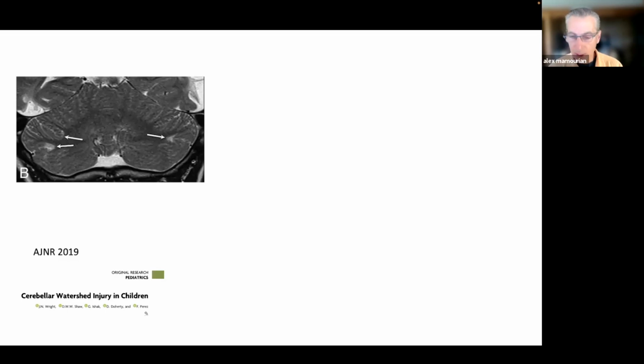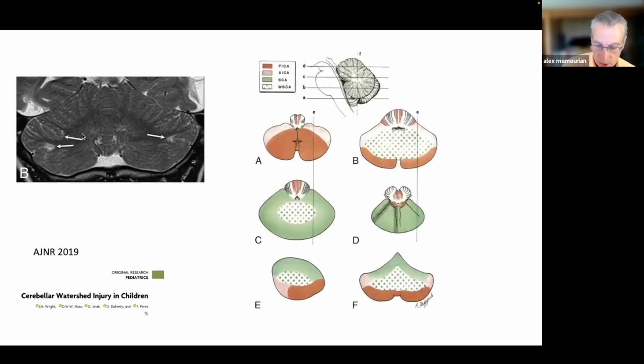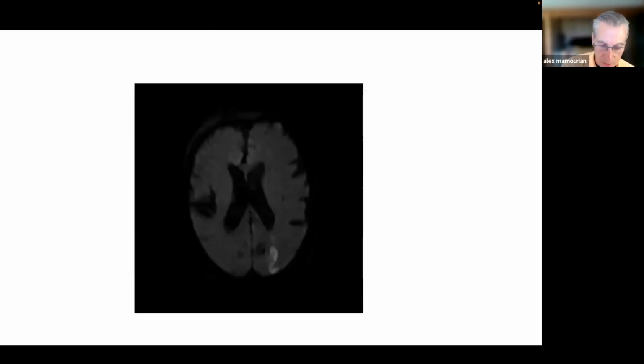They rapidly corrected the blood pressure, but presumably the blood vessels that were chronically vasoconstricted were unable to respond rapidly enough to this pharmacologic adjustment in blood pressure, and the patient experienced both cerebral and cerebellar watershed infarcts in this territory along the horizontal fissure. So again, there are multiple watersheds in the brain, and this is a particular specific pattern of involvement.